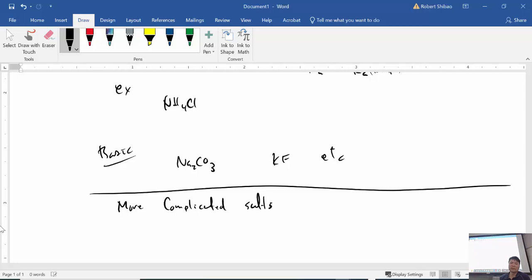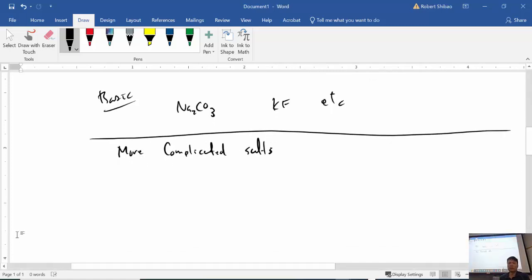These were skipped over in chapter 17, these more complicated salts.